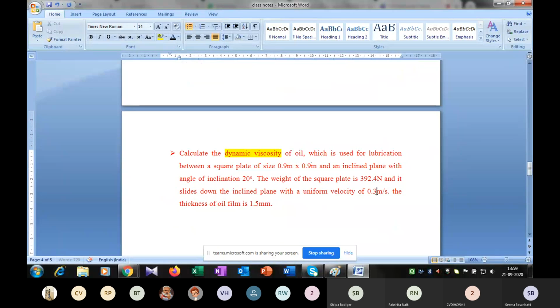The velocity is 0.2. And the answer for this particular problem is 12.42. Please solve this problem. This is the assignment problem.